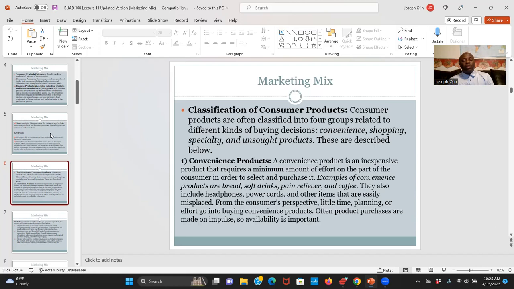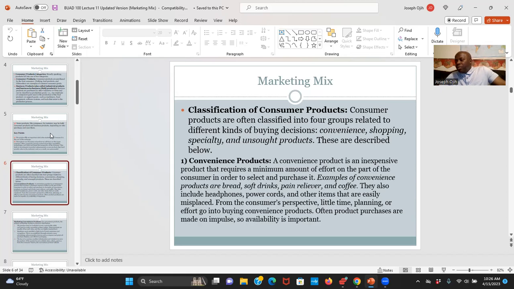Look at convenience products. We call them convenience products because they are not expensive, and they require a minimum amount of effort on the part of the consumer to select and purchase them. The best way to put it is that consumers buy them at their convenience. They don't have to go into a market or any other store.